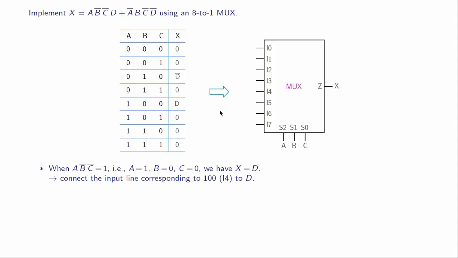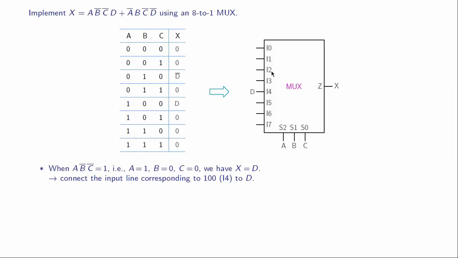The rest is straightforward. We can now consider these minterms one by one and figure out what we should connect over here. Let's take this minterm, that is right here. So we have A, B, C equal to 1, 0, 0. 1, 0, 0 is decimal 4. So this line I4 should then be connected to D, like that. The second minterm is here, and in that case our ABC is 0, 1, 0, that is decimal 2.